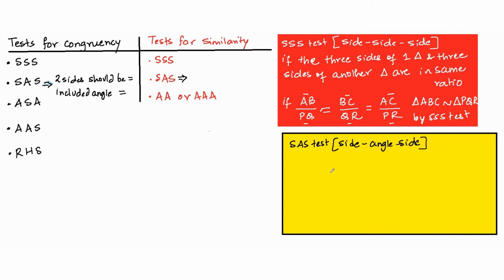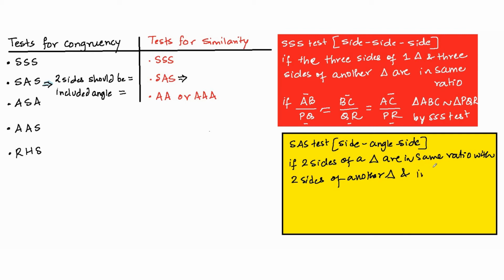What it says is, if two sides of a triangle are in the same ratio with two sides of another triangle, and the included angle is equal, then the triangles are similar by the SAS test.